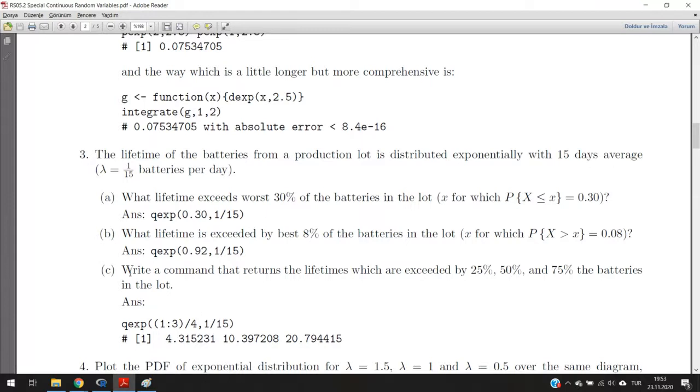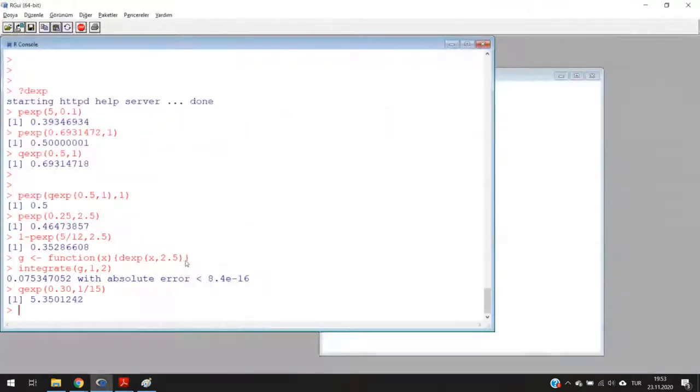Now, it says, write a command which returns the lifetimes which are exceeded by 25% of the batteries, 50% of the batteries, and 75% of the batteries in the lot. So in that case, I am just going to do that. I will write QEXP. And remember, the rate parameter was equal to 1/15. And here I am just going to write 0.25, 0.5, and 0.75.